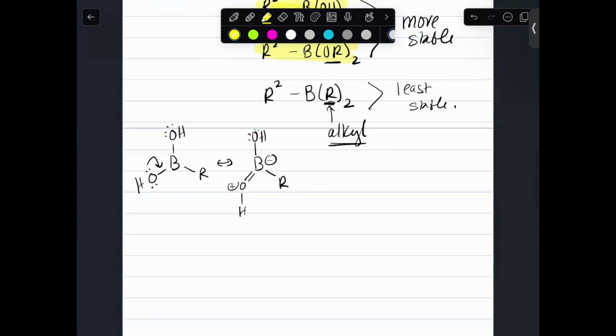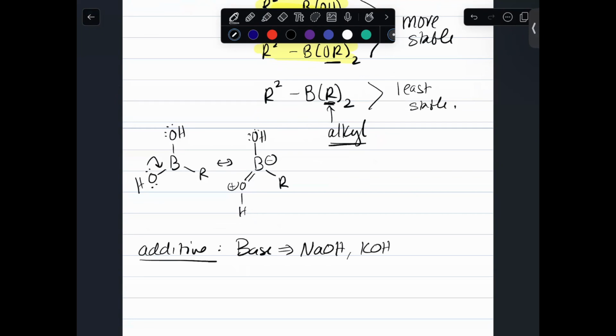Now let's move on to the additive that we use. And as I mentioned, the additive is a base. And just like in the Heck reaction, there are a number of bases that you can use. Sodium hydroxide, potassium hydroxide, alkoxide bases, cesium carbonate, potassium carbonate, if I'm not mistaken.